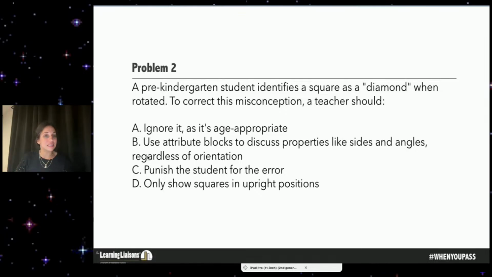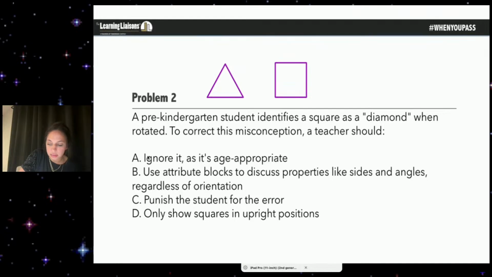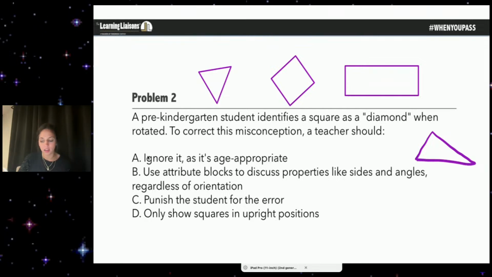So often there are misconceptions when it comes to this kind of stuff because we are so used to drawing triangles like this, and we are so used to drawing squares like this, and we are so used to drawing rectangles like this, that it's important for us to help students realize that sometimes shapes can be turned, or even triangles can look something like this, or like this.